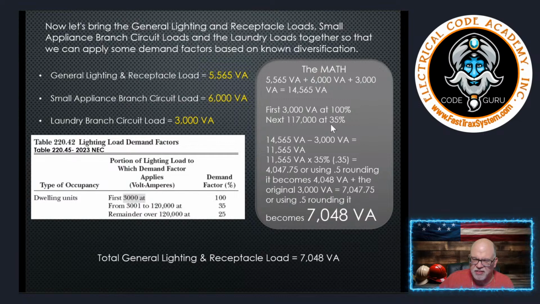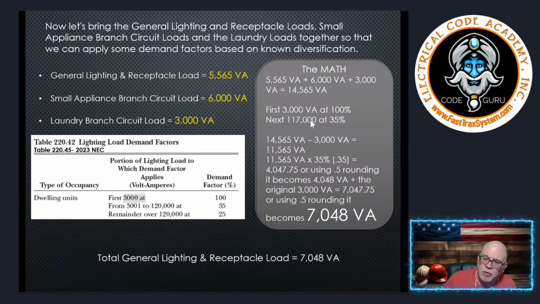If you were doing a massive house with any additional VA over 120,000, you're able to reduce that by 25%. So you stack the effect, and it really gives you a good demand factor for these dwellings. But in our case, we only have the first 3,000 at 100%, and then from 3,001 up to 120,000, we're going to fall in the 35% factor.